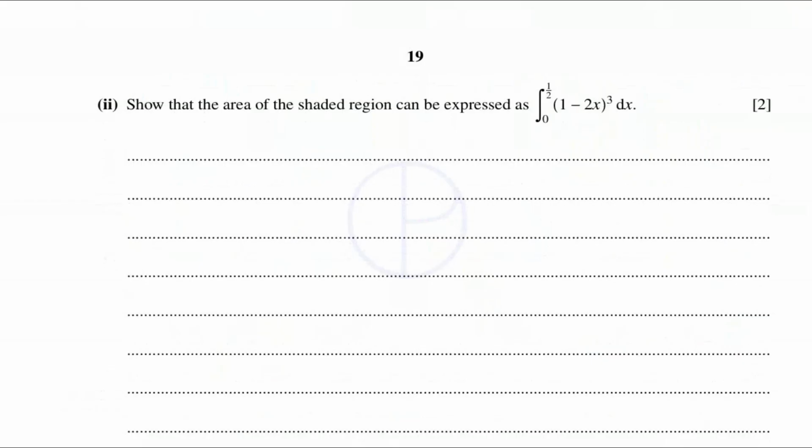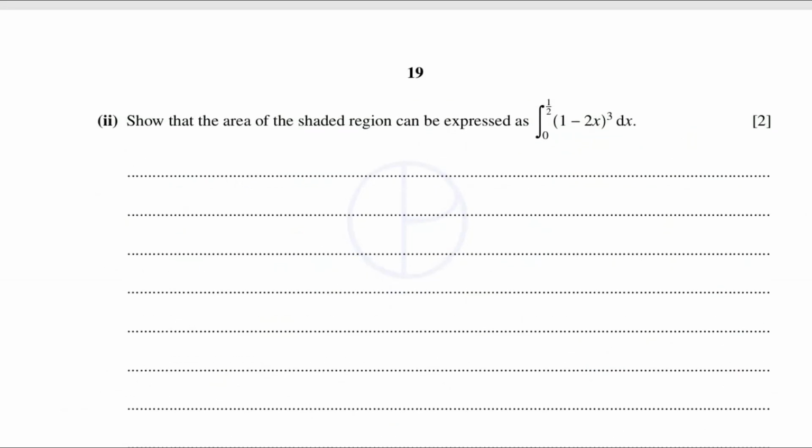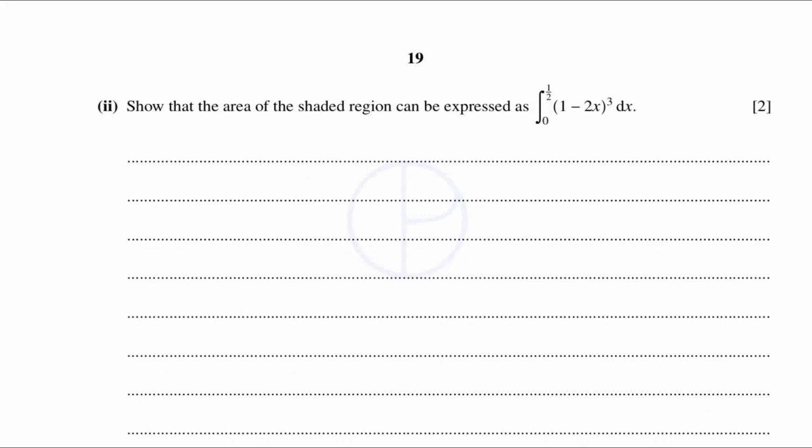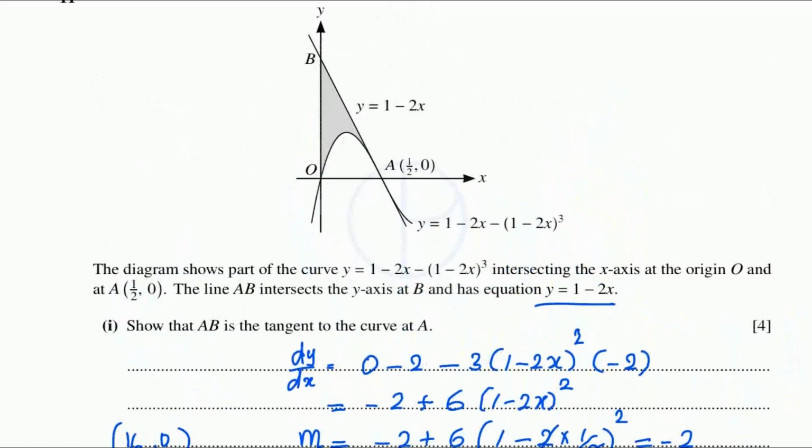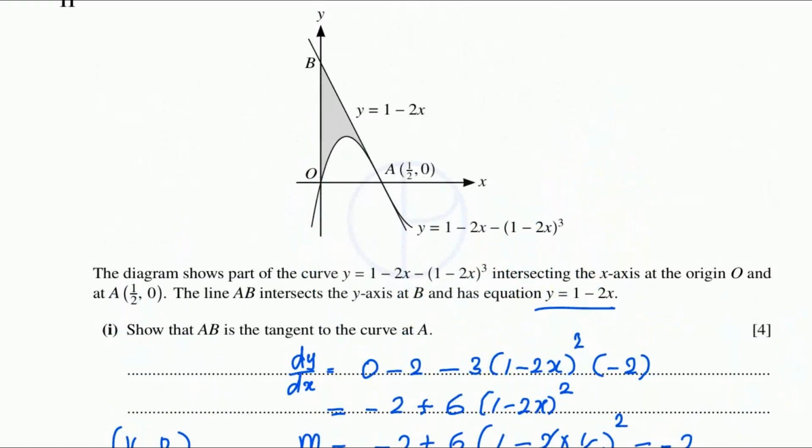Show that the area of the shaded region can be expressed as the following. The area of the shaded region is nothing but the area under the line minus the area under the curve. So the limit is 0 to 1/2.